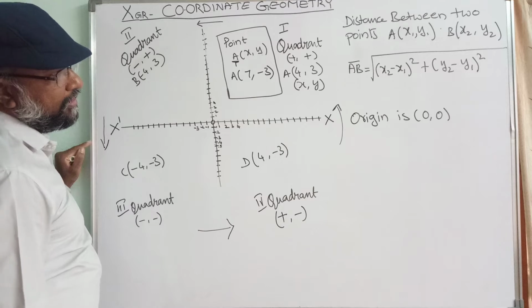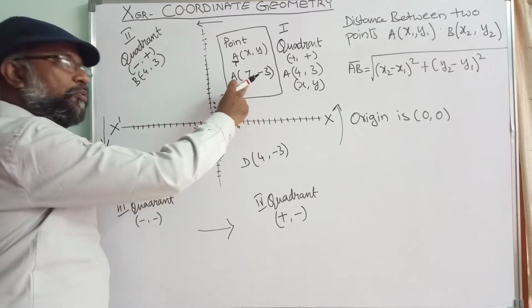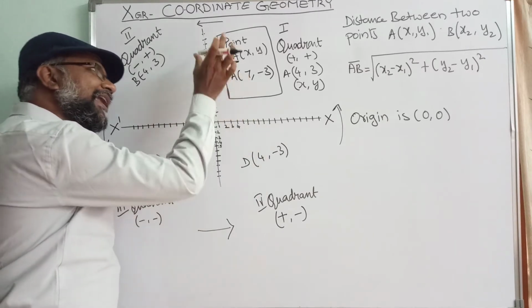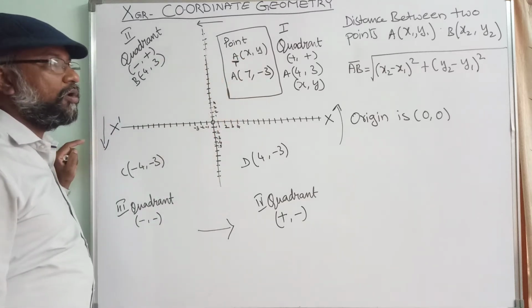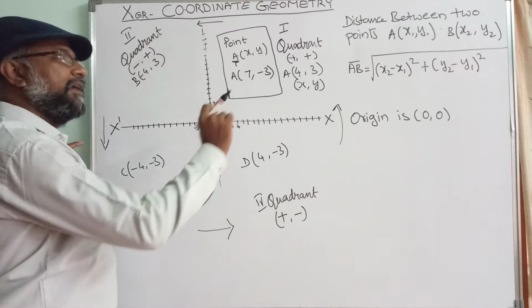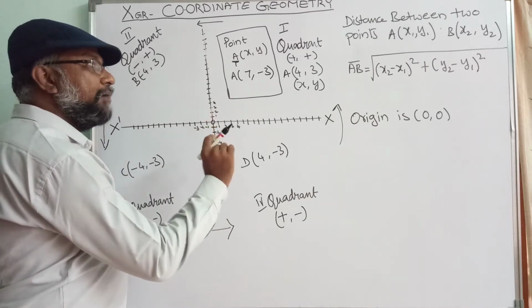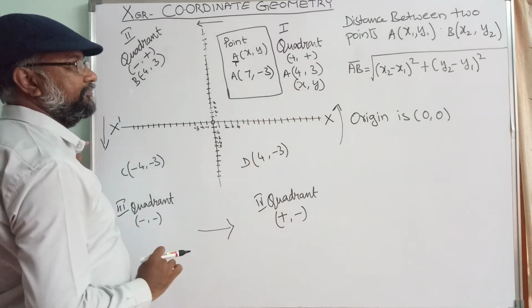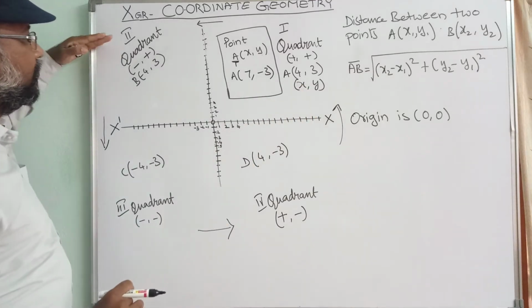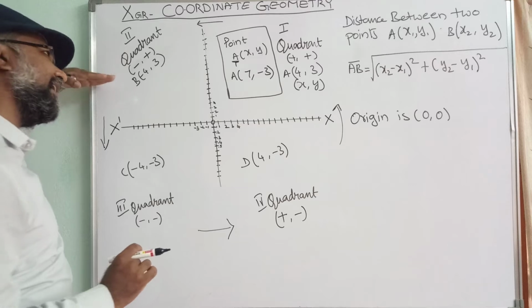Next, a point can be denoted like this. We have to write a point like that only. There is no other way. And now, having seen an example of a point in the first quadrant, an example of a point in the second quadrant.